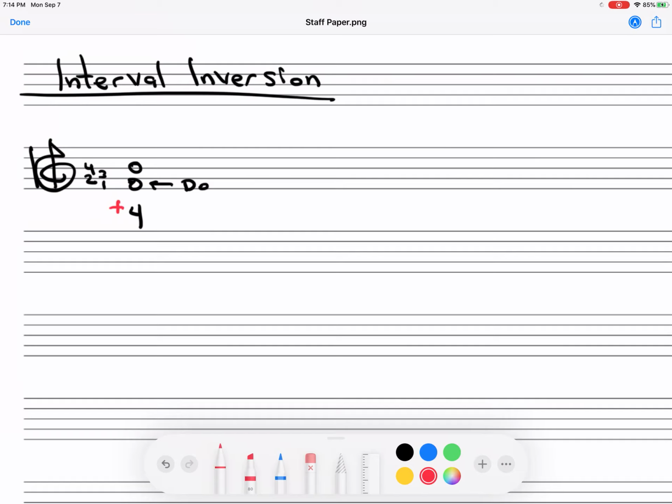Today I'm going to show you how to invert intervals and how this can help you to write down from a given pitch. In the last video, we took a look at how to write intervals and how to recognize them using the major scale. Let's take a look at that just as a quick review. Suppose I wanted to write a sixth above E, for example.